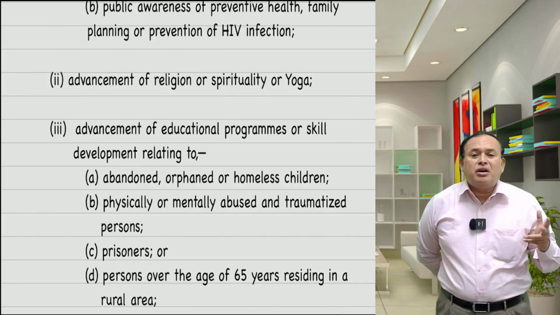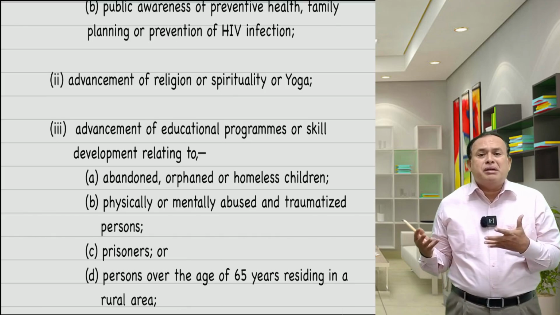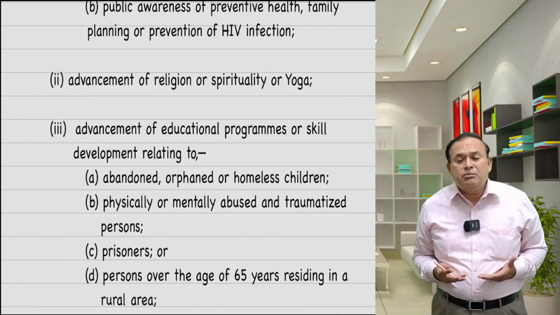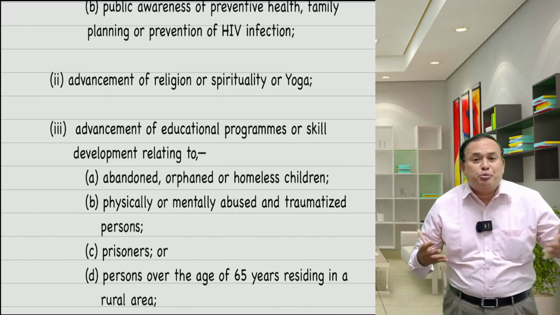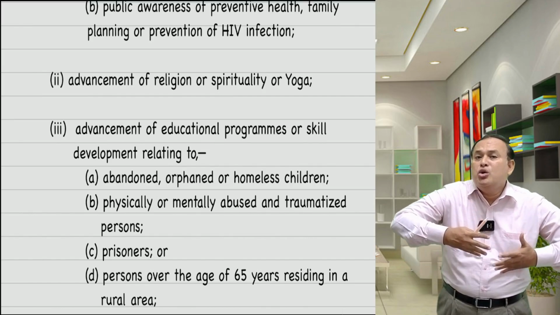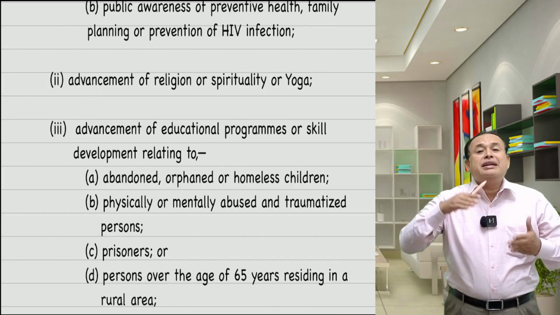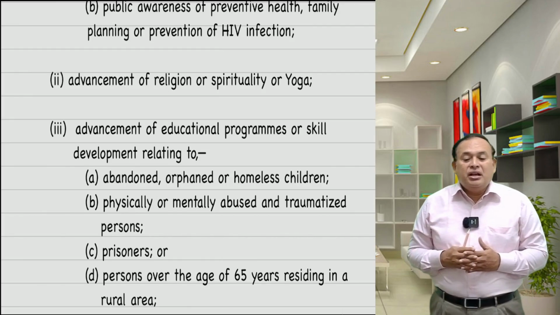What do you mean by advancement of religion? A saint from a mutt came to Chennai, in Chepauk Stadium. He is giving a religious speech to a huge gathering over there, where the entry fee is there, for example, which is free from GST.